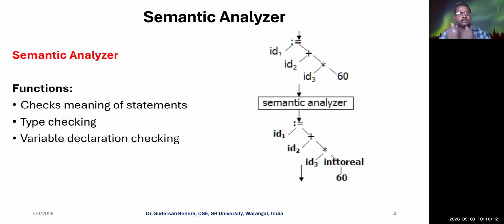Now we are going to see the role of intermediate code generation, as you pass the output of the semantic analyzer, that is the abstract syntax tree, as an input to the fourth phase, that is intermediate code generation. Let us see the role of the fourth phase.